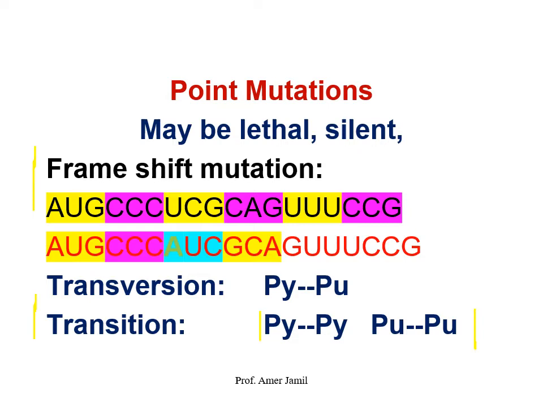So even then it depends, if there is some change in the amino acid, and that change is in the active part of some enzyme or some important part of some transport protein, etc., so that will cause problem for the cell.